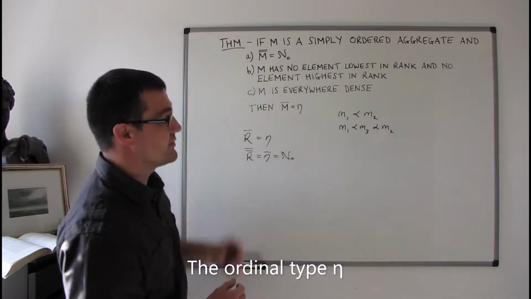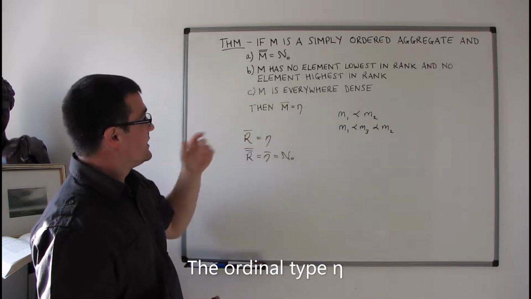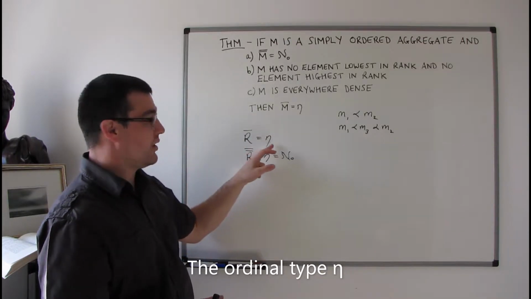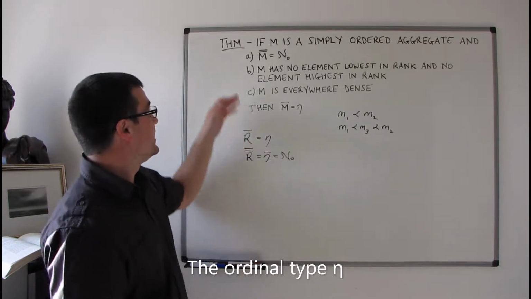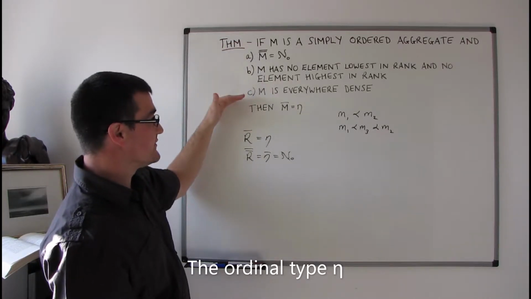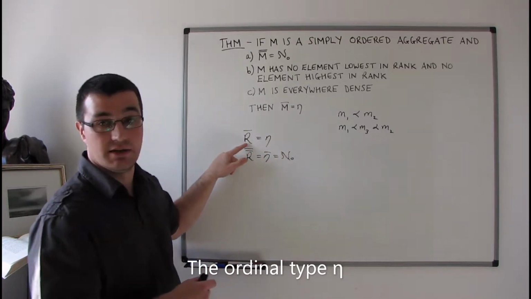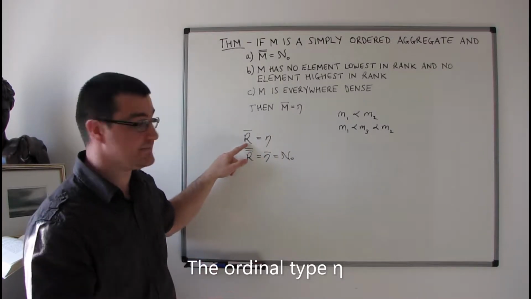So this theorem is really characterising this ordinal type, that anything that has these characteristics, these features, must have the same ordinal type as this aggregate R.